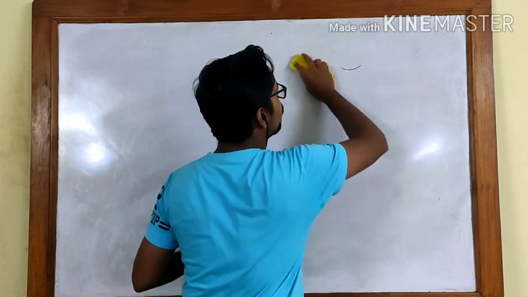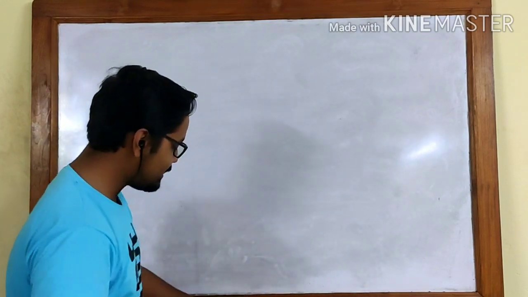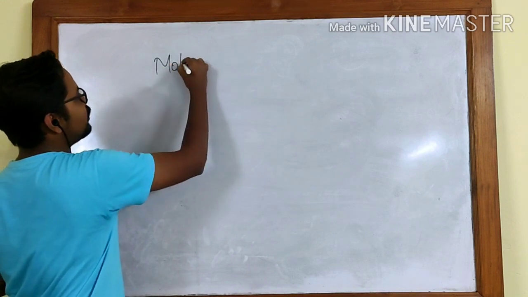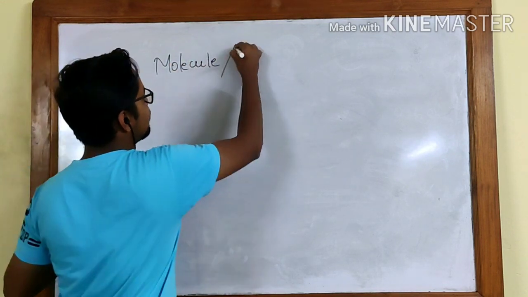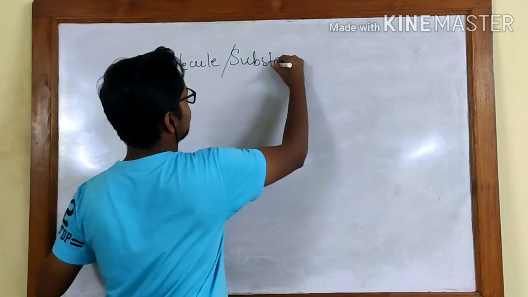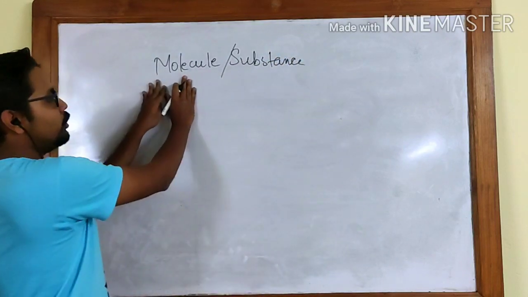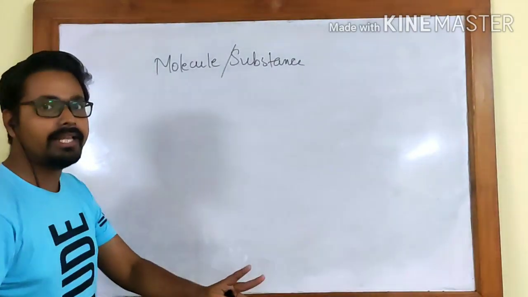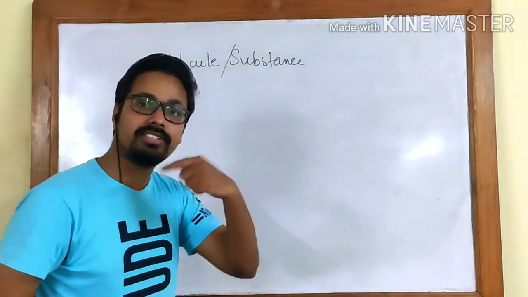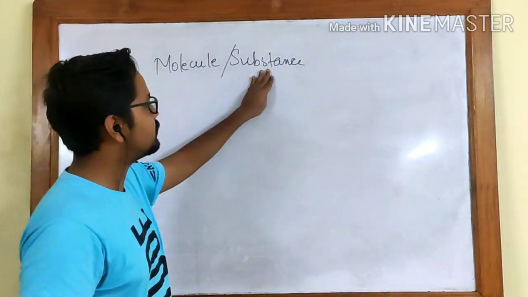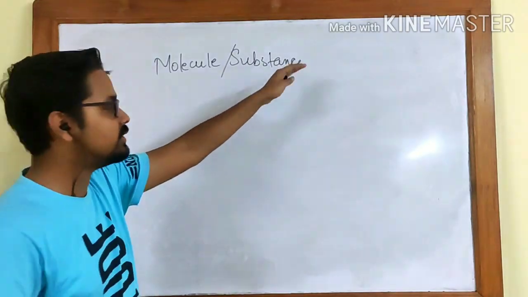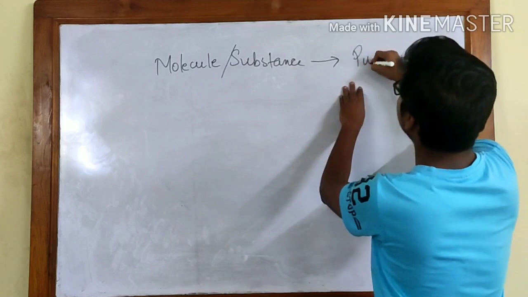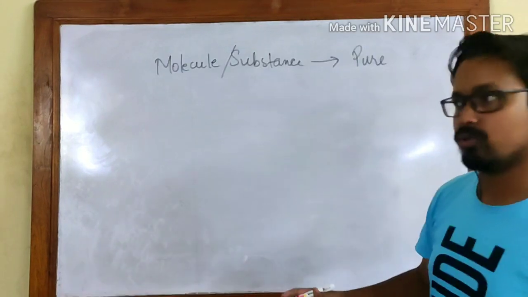So if I want to correlate everything together, I can say that a single type of molecule or substance, suppose you have a bucket of water, only water, then that is a combination of a single type of molecule. Water is also a substance, so this single type will give us pure molecules or pure compounds.